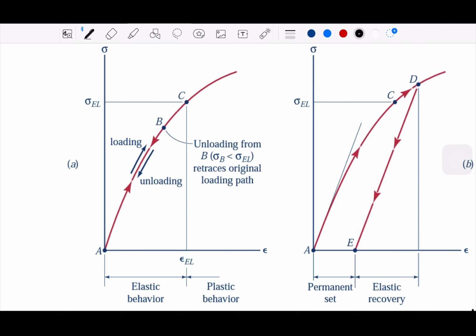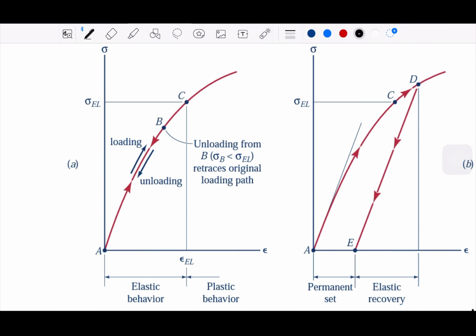The stress at B is less than the yield stress, so it will retrace back along the original loading path. In visuals, it goes back to the original shape. Like you play with your ruler, and oh, it's back. If not, then maybe your ruler will be broken. So that's elastic behavior.